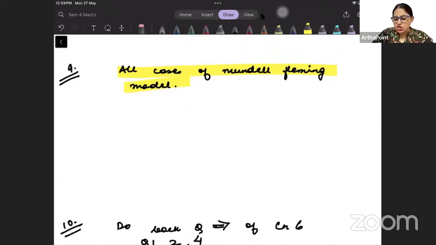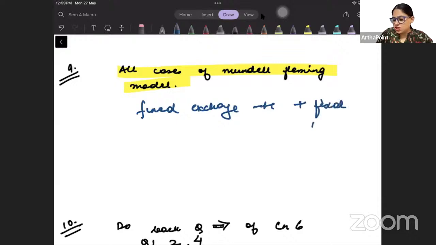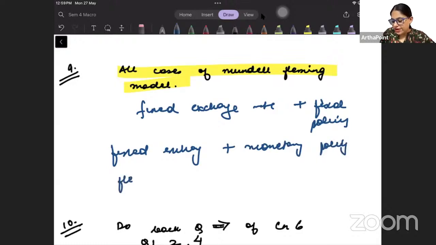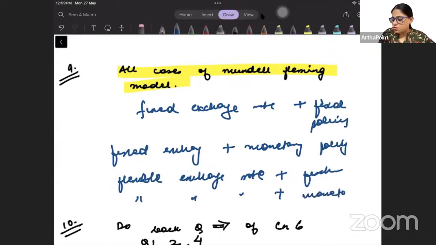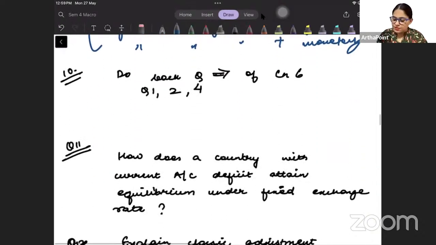They can ask you fixed exchange rate plus fiscal policy, or fixed exchange rate plus expansionary monetary policy, or flexible exchange rate plus fiscal policy, or flexible exchange rate plus monetary policy. They can ask you any of these cases, and you need to do all these 4 cases well.